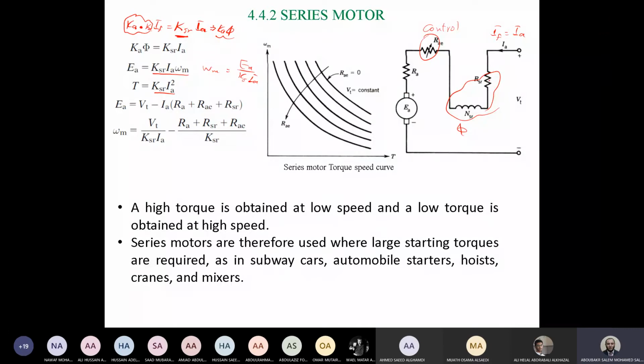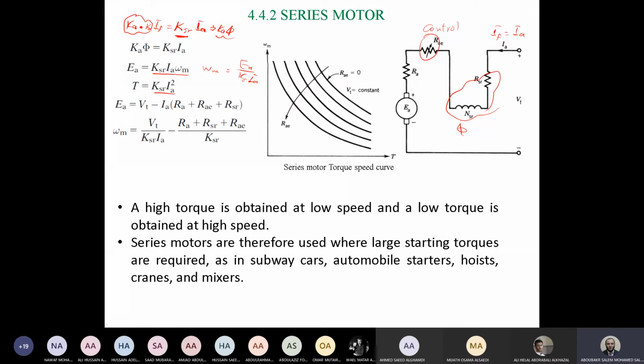We should include R series, which is the field winding series resistance, and R rheostat, which is the control resistance, in addition to the armature resistance. So EA equals V terminal minus IA multiplied by the summation of the three resistances. And from here, omega M equals Vt over K series IA, minus the summation of series resistances over K series. So this is the relation of omega M.